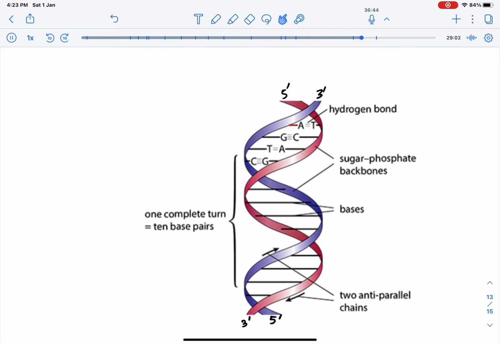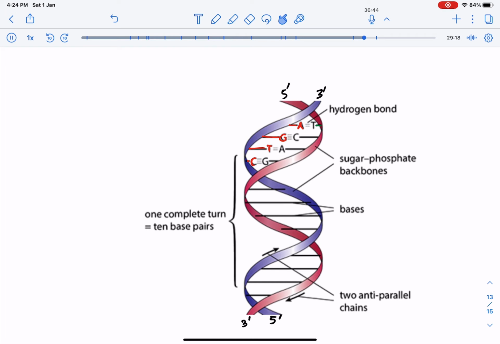So if this one strand has adenine here, guanine here, thymine here, and cytosine here, the other strand has complementary bases.